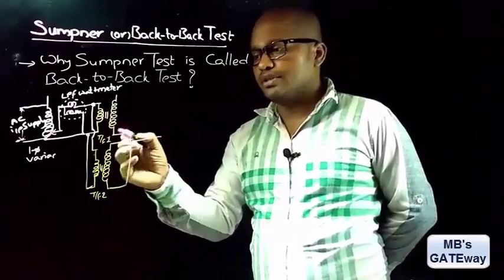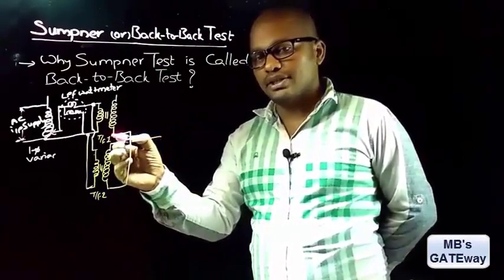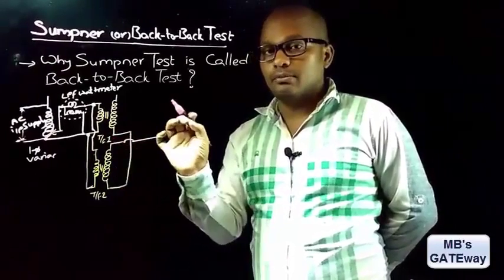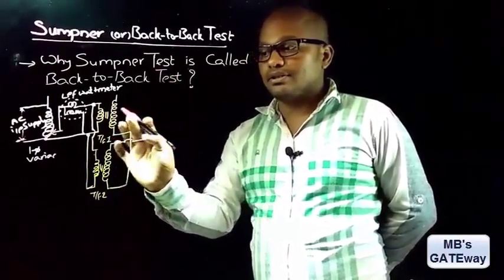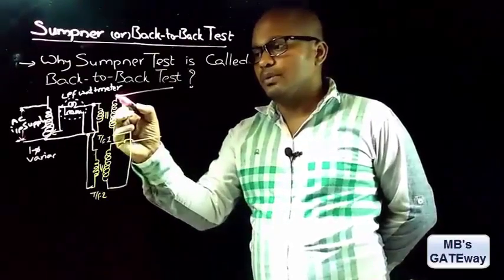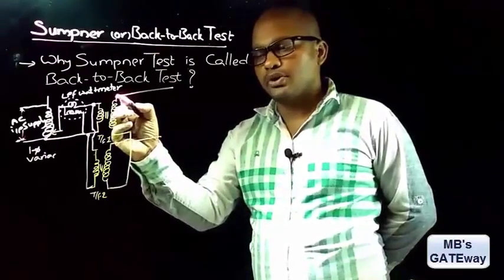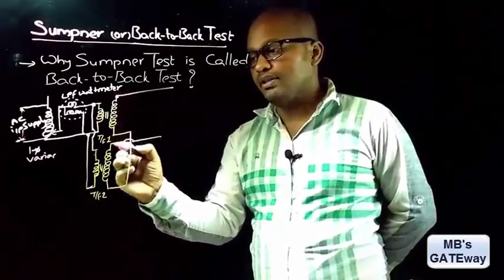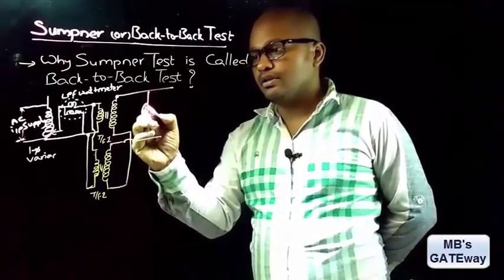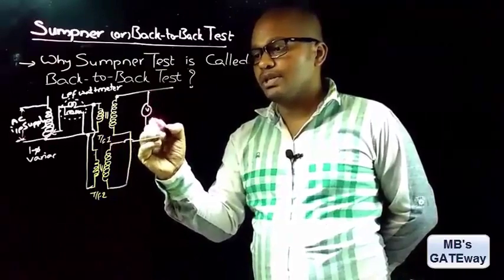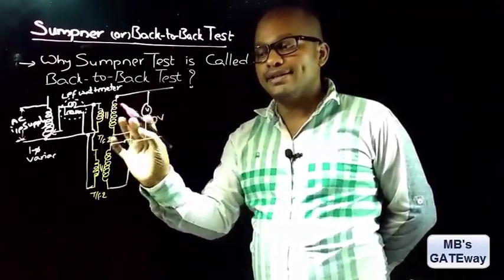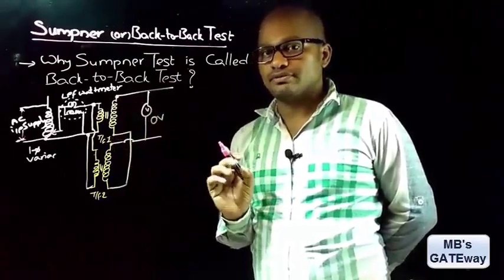To connect in phase, the end point of this would be connected to the starting end of the other transformer. But here in Sumpner's test, these two transformers are to be connected in phase opposition. So if you measure the voltage between the starting point of transformer 1 and the ending point of transformer 2, then the voltage reading must be 0 if they are connected in series phase opposition.